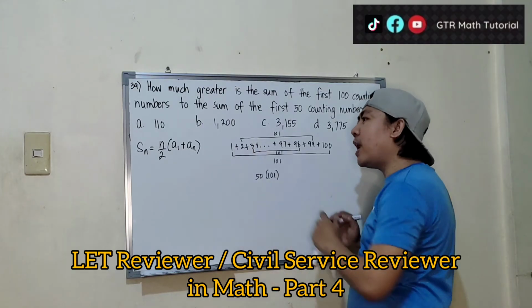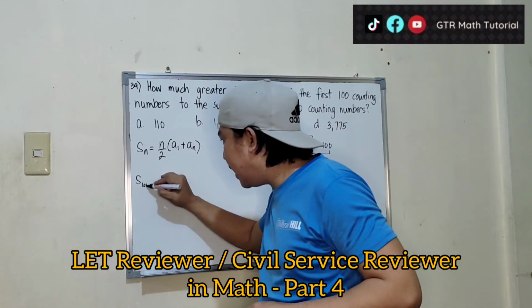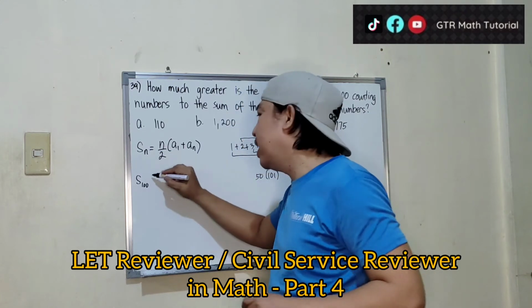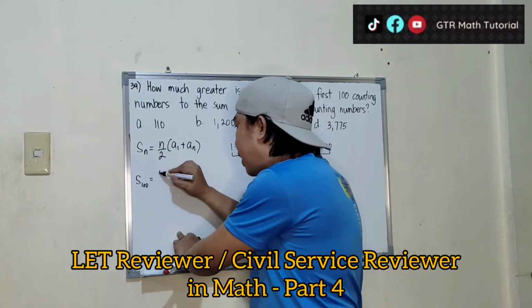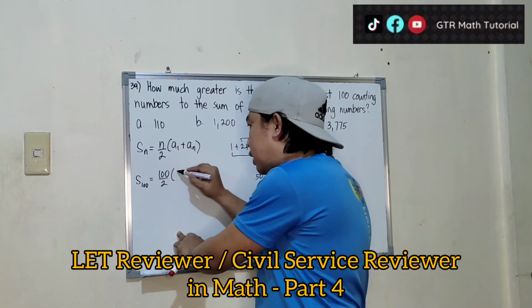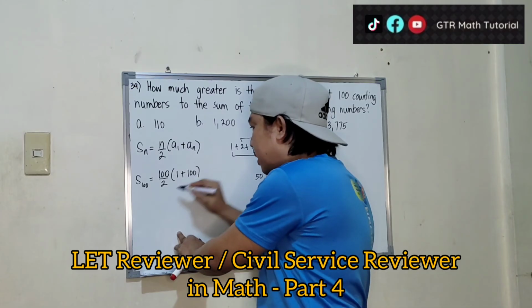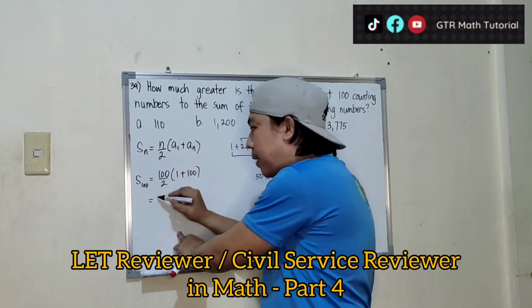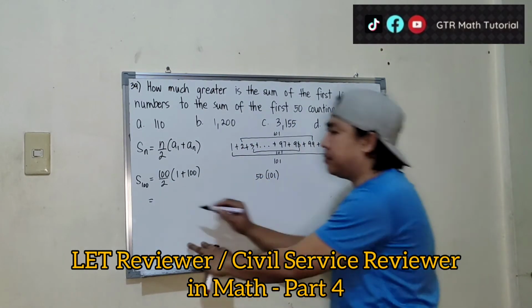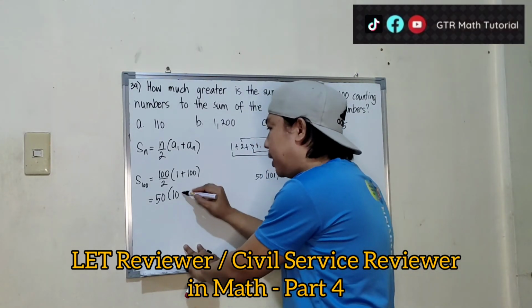Okay, so kunin natin ang sum ng first 100, so S sub 100. First 100 terms kasi. So S sub 100, we have n is 100 divided by 2 times the first term, 1, plus the last term, kung 1 to 100, is 100. So that is equal to 100 divided by 2, so that is 50, then 1 plus 100 is 101.